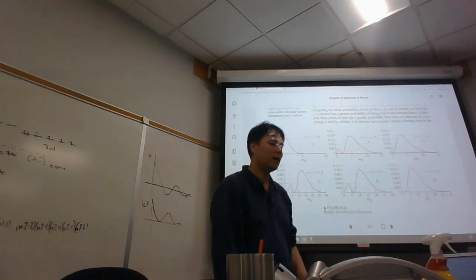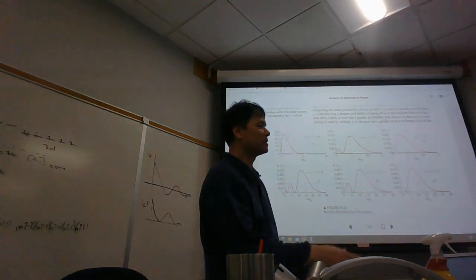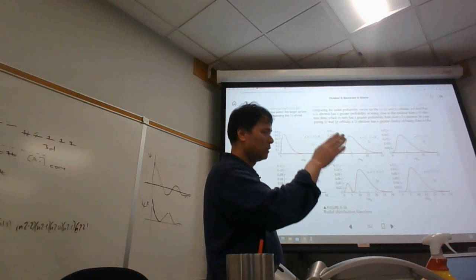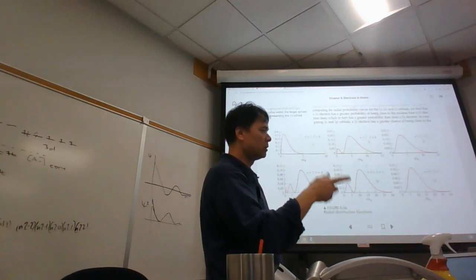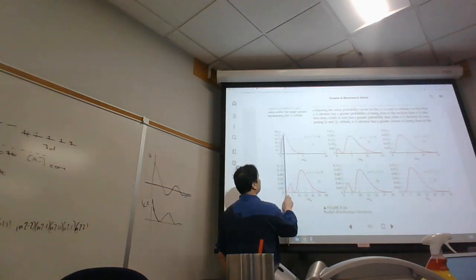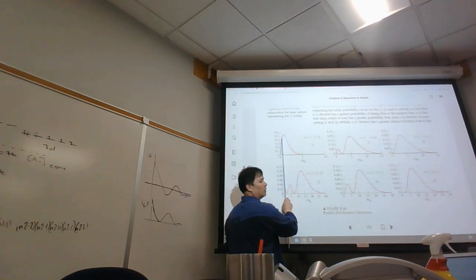But it depends on what Z is, because Z is going to change that. And so it's the first orbit or, let's say, the most probable distance. So the most probable distance we'll call 1 here. And that's going to be normalized by a naught.